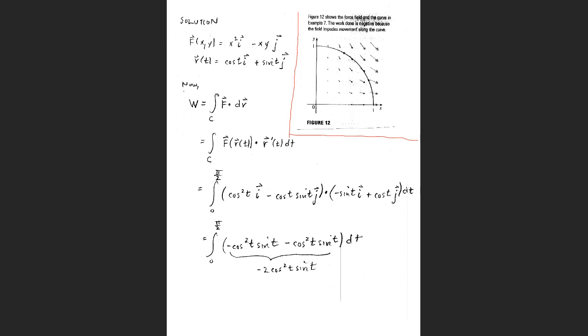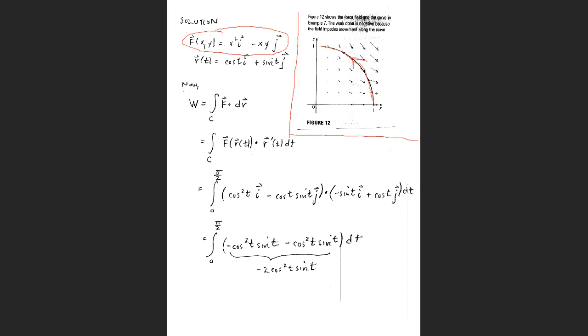What's drawn here are the arrows, which represent the vector field, and the path, which is the particle moving along that space curve in the counterclockwise direction.